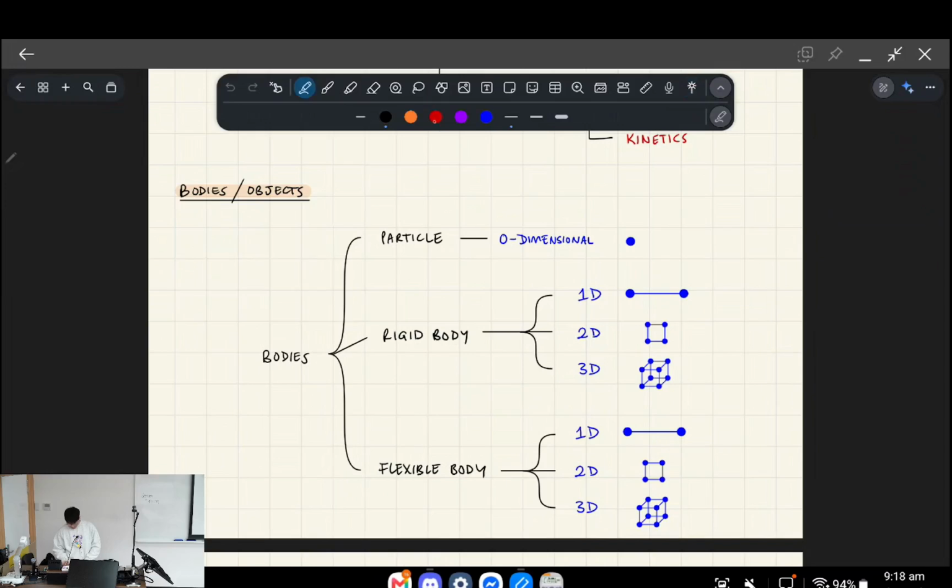Now in this course, we don't really deal with flexible bodies, we deal with rigid bodies. The difference between these 2 things, essentially, is how you treat deformation. Just imagine you're doing calculations on a steel beam.